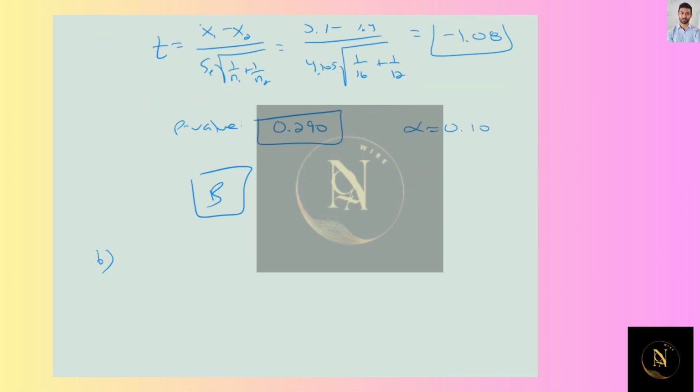Now part B, the confidence interval is the difference between the two sample means plus or minus the critical t times the pooled standard deviation times the square root of 1 over the sample sizes.